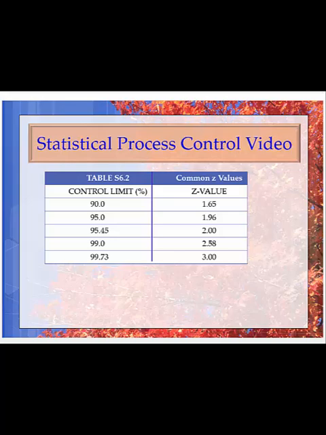So you see here there are these control limits that we're going to use commonly in this chapter. You see 90% is the z-value of 1.65. So that would mean if we want our confidence intervals set at 90%, assuming 90% of the processes without defects, we would use a z-value of 1.65. And 95% we see 1.96, and then 95.45% we see 2, etc.